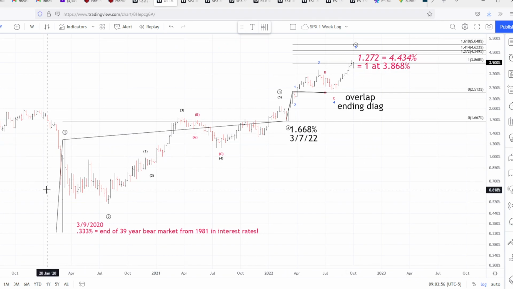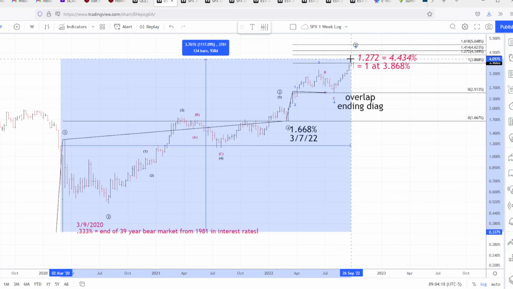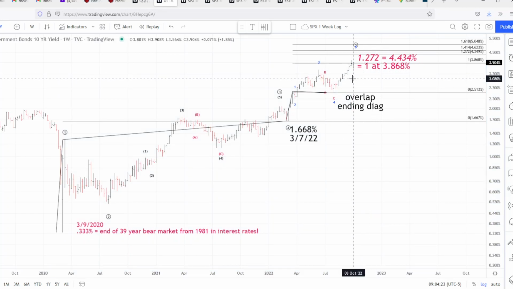We are looking at 1,105% from 0.333 to that high right there at, I think it says 3.78. Anyway, it's higher than that. It's over to 3.86. So that's where we are in interest rates. They keep going up, up, up.